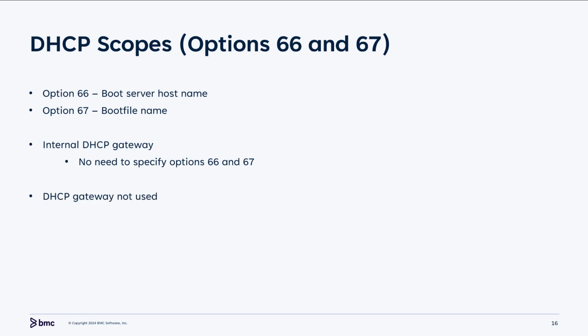If you do not wish to use the internal DHCP gateway, one needs to specify the DHCP options 66 and 67, which are defined in the respective DHCP scopes. For option 66, you need to mention the OSD boot listener IP address for the respective scope.